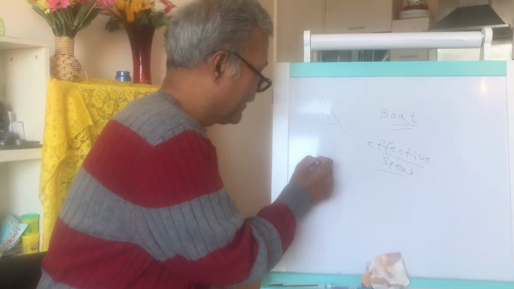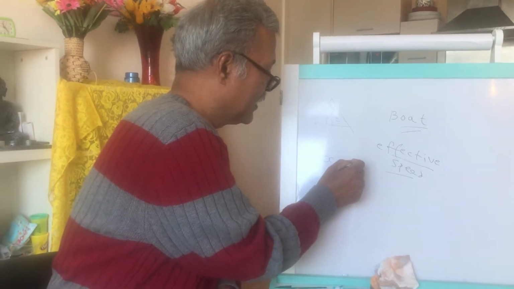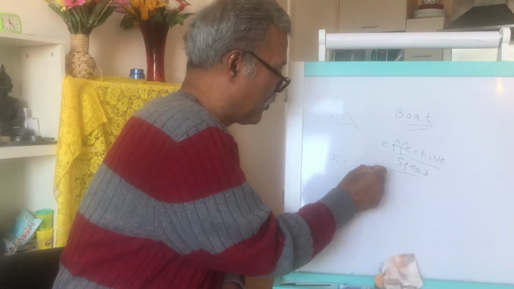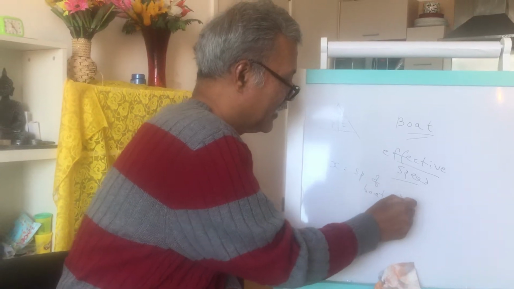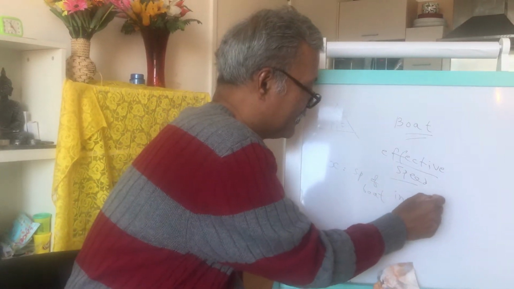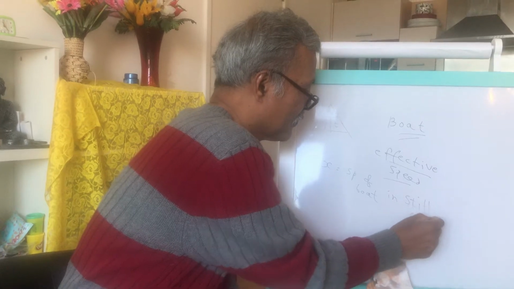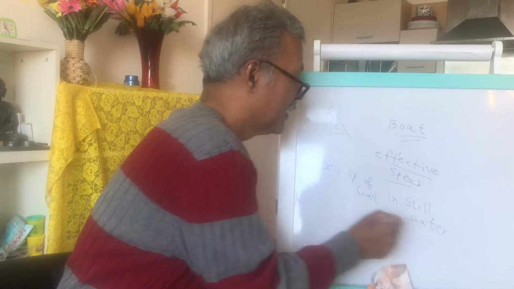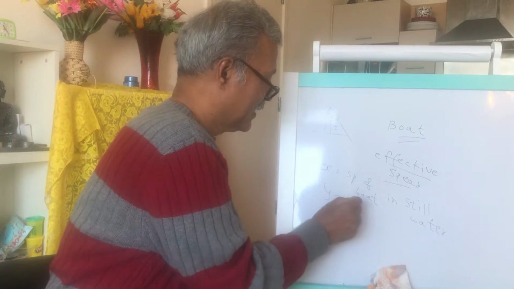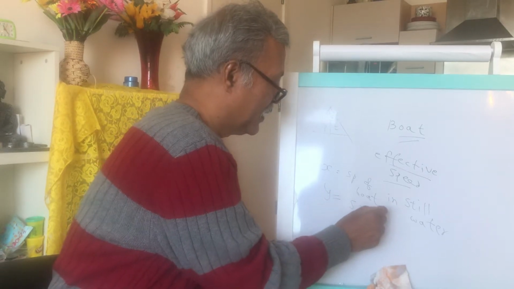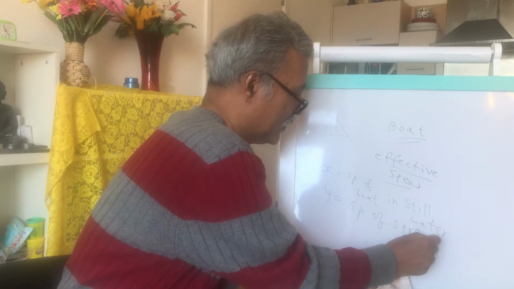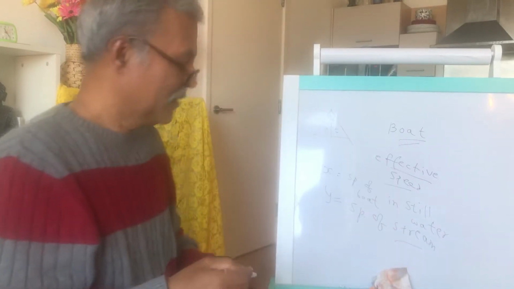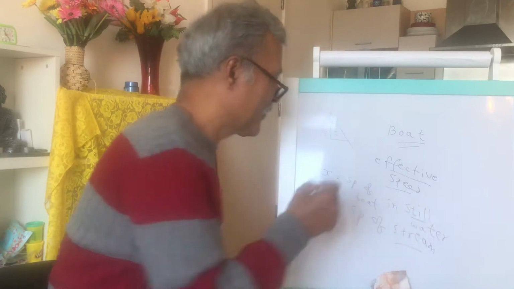Let's say x is the speed of the boat in still water, and y is the speed of the stream. This word is very important.